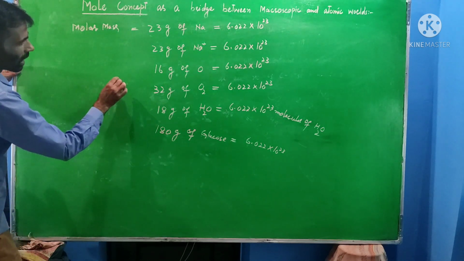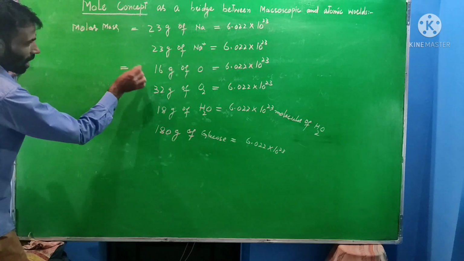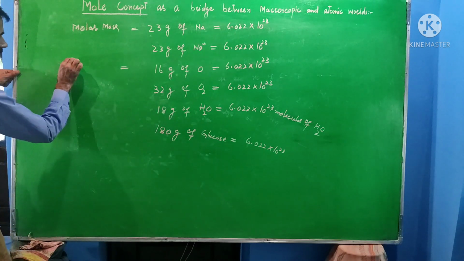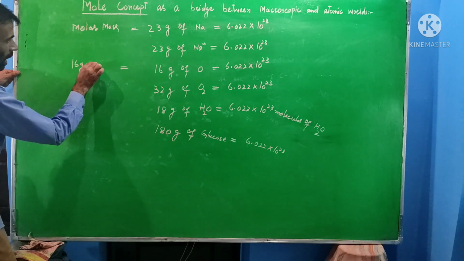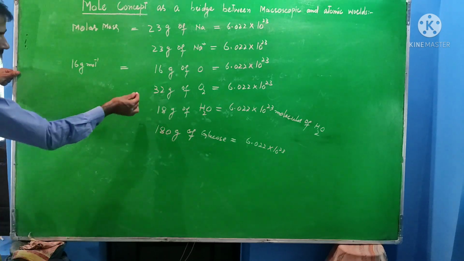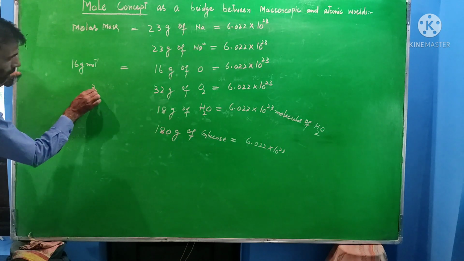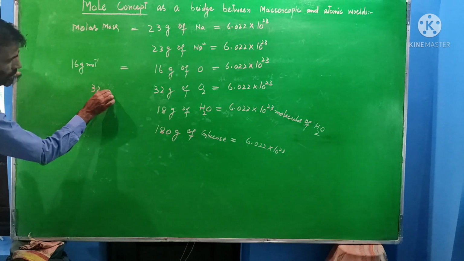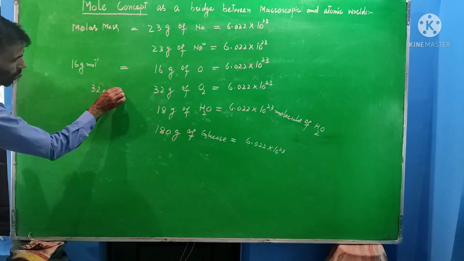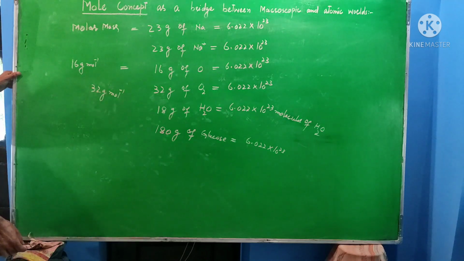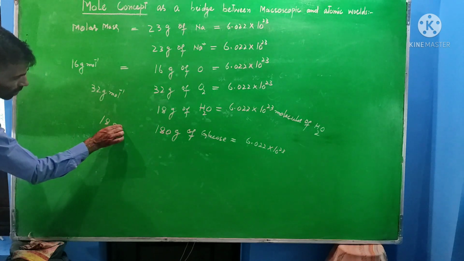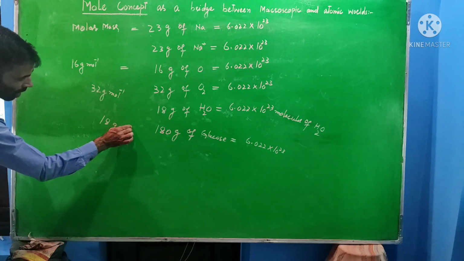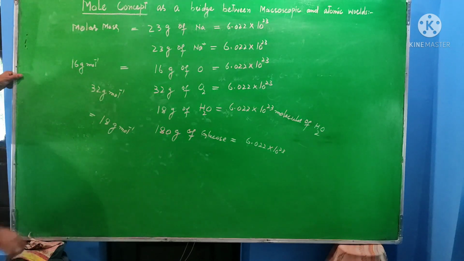Similarly, this we call molar mass taken in grams, means 16 gram per mole. It is the molar mass of oxygen atoms. This one, 32 gram per mole, is the molar mass of oxygen molecule. Just like this, 18 gram per mole means molar mass of water molecules.